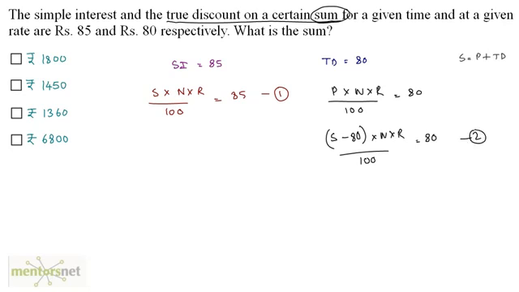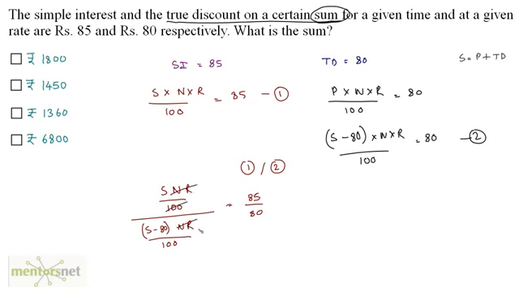Right, now we divide equation 1 by equation 2. So we get S times N times R upon 100 divided by (S minus 80) times N times R upon 100 is equal to 85 by 80, right? So these terms get cancelled out. On the right hand side we can cancel out terms as well.